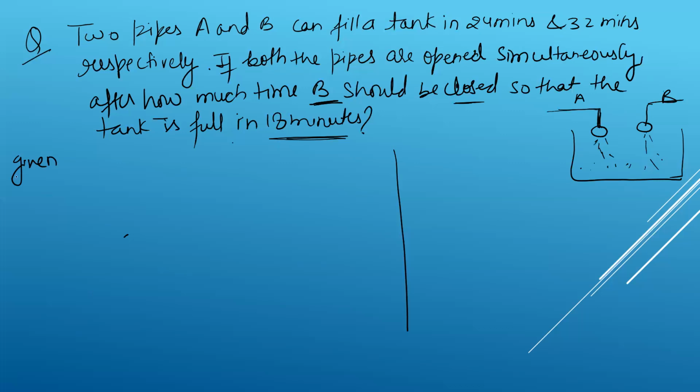Let's see what is given in the question. The first thing given to us is that two pipes A and B can fill the tank in 24 minutes and 32 minutes. So let's write that down.